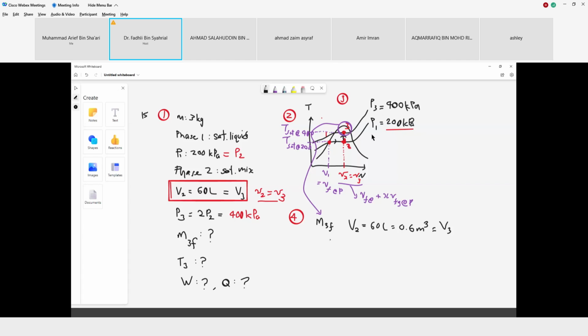So therefore V3 is equal to 0.06 meter cubed, which equals m times v. Faham setakat ni? And this one is m times v3, this one.